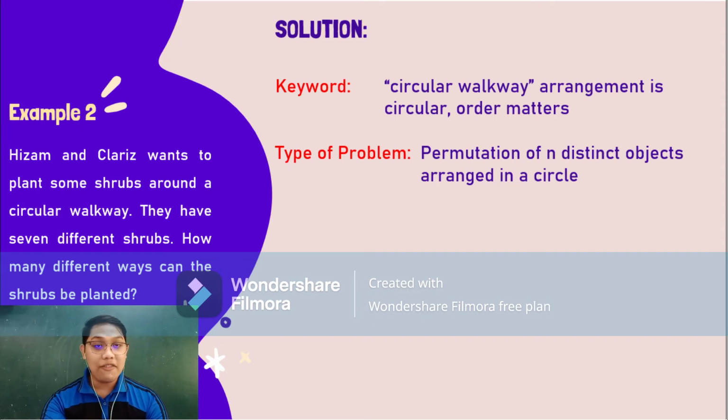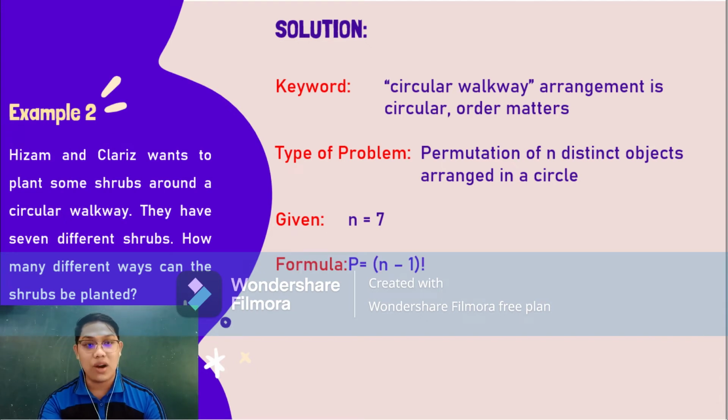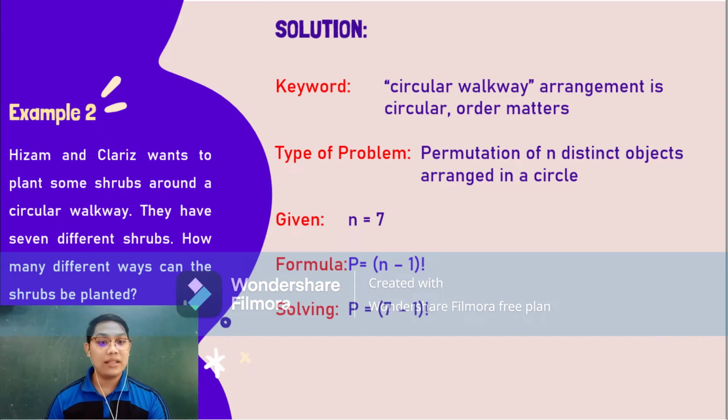Then, what are the given? Ang given, di ba, there are how many shrubs? 7 different shrubs. So, mo na siyang n is equal to 7. Then we will use the same formula. P is equal to the factorial of n minus 1. Then, we just substitute the value of n to the formula, making now our solution, P is equal to the factorial of 7 minus 1. 7 minus 1 is equal to 6.